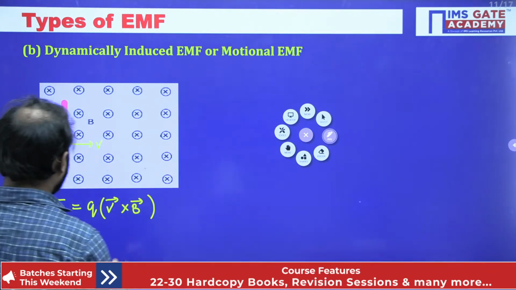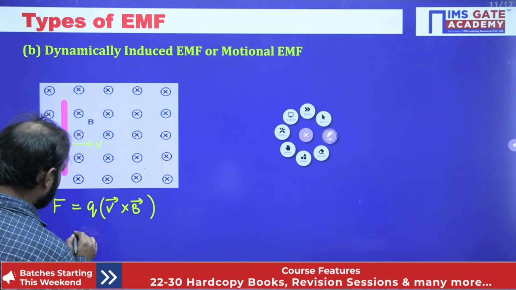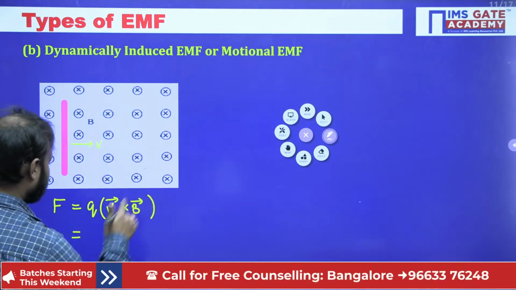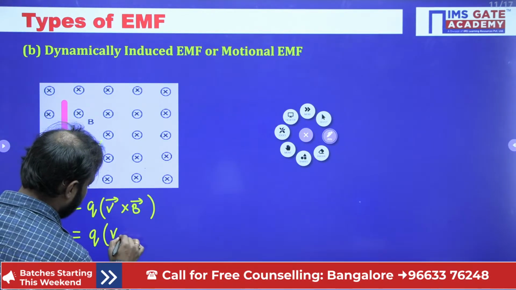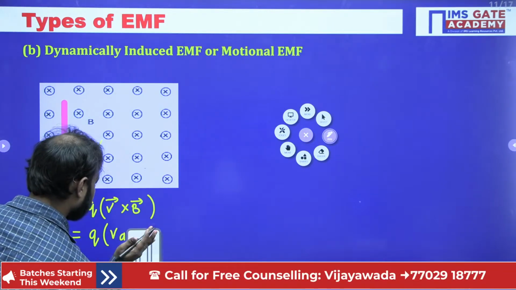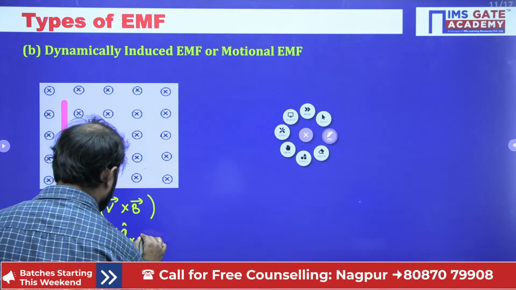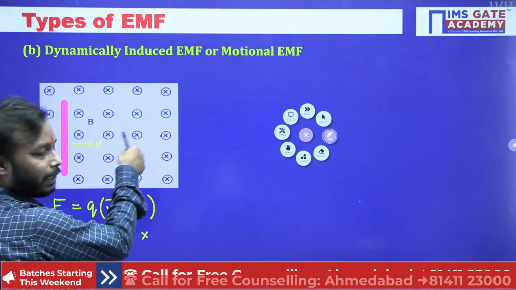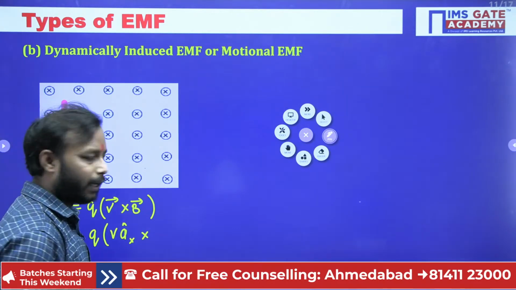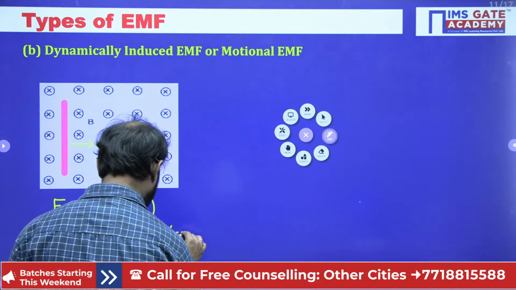Now here V is the velocity of the conductor. Now here velocity is in y direction, isn't it? So this is Q V AY cross the magnetic field, which is inside. So the direction will be minus AX. So B times minus AX.